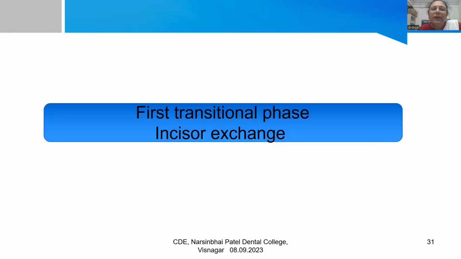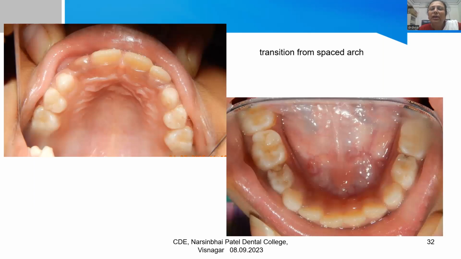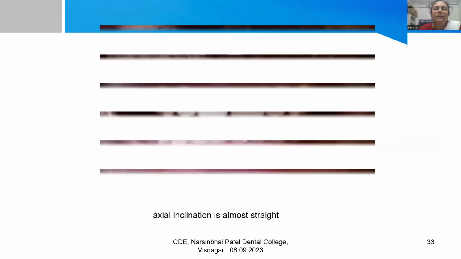So in the first transition phase of incisor exchange, you see there is a smooth exchange. In spite of a caries in the D, there is no space loss from anterior or posterior. This is a benefit of spaced dentition.